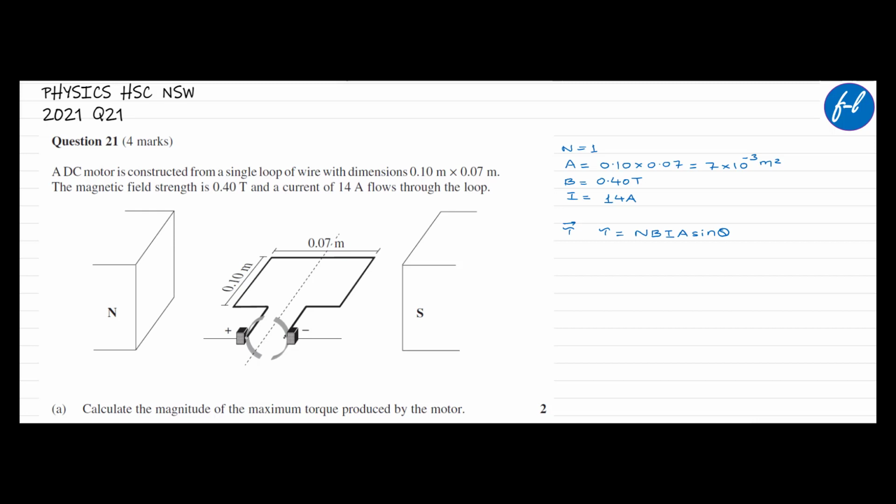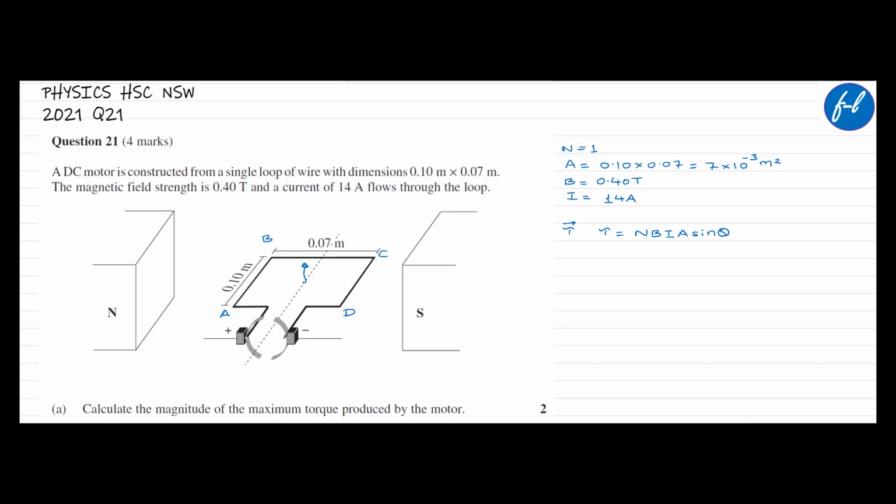So in this figure, we have the plane, so maybe I can label it as A, B, C, D. If I draw a normal to the plane, it will be something like this. It's not a very good drawing, but I think we can manage.